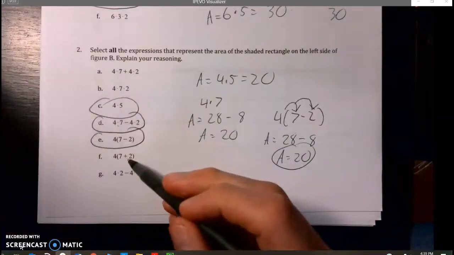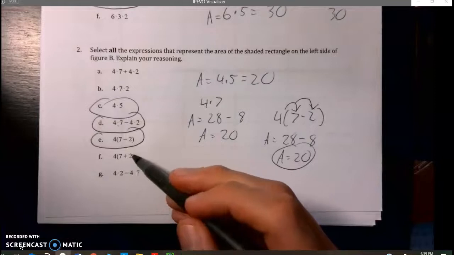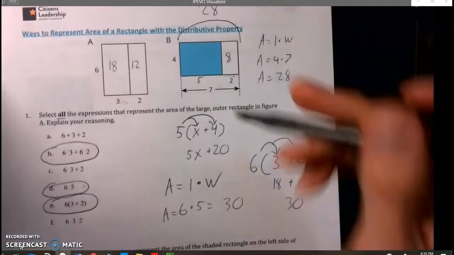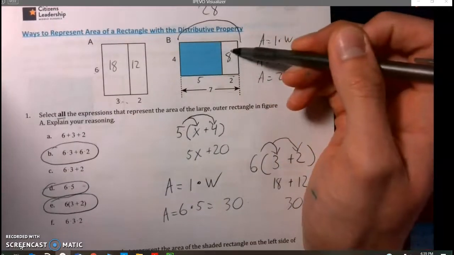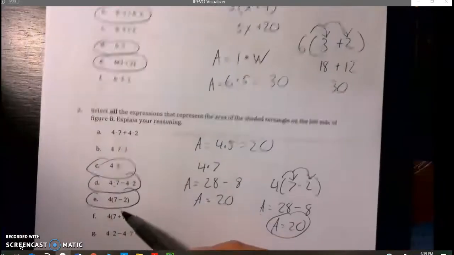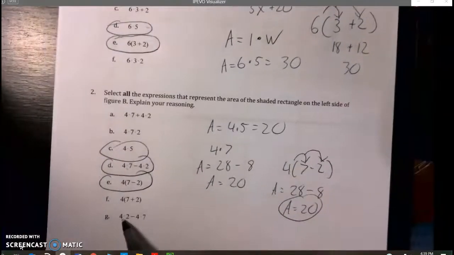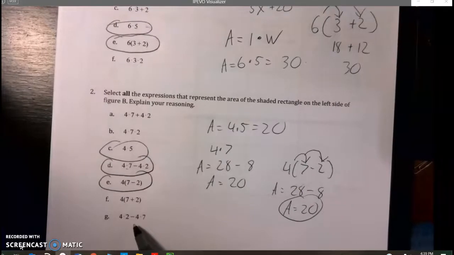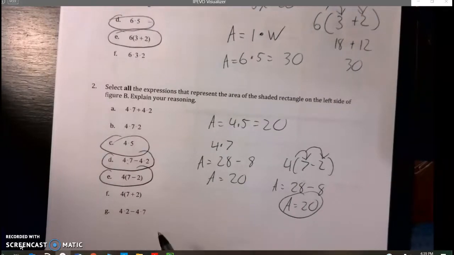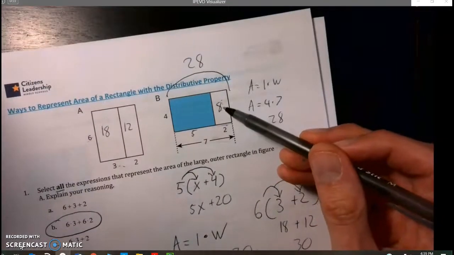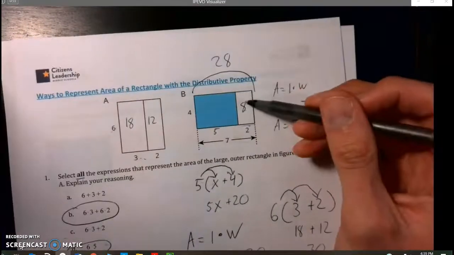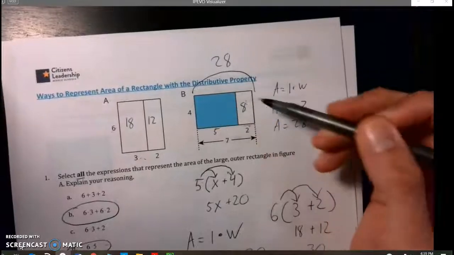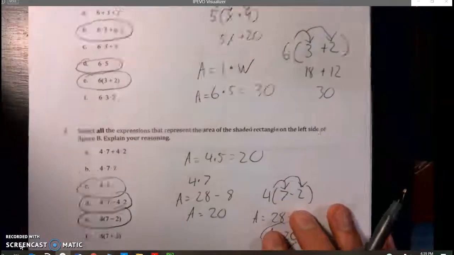F would not work because you're not adding those two areas together. That would be finding the area of this whole thing and then adding the area of this on top of it. So no. This one is not correct because order matters in subtraction. So this one is finding the area of the white rectangle and then subtracting this entire area. That would actually be a negative number, so that wouldn't make sense.